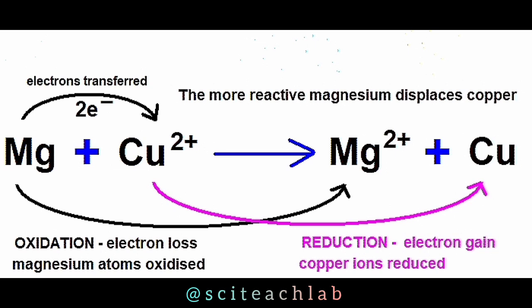What I'm trying to say is that it's Mg that caused that reduction for Cu2+. So Mg is the reducing agent. That means Mg is what is going to be oxidized. And you see Mg becomes Mg2+, which means it lost electrons. So magnesium becomes oxidized to Mg2+, magnesium ions.